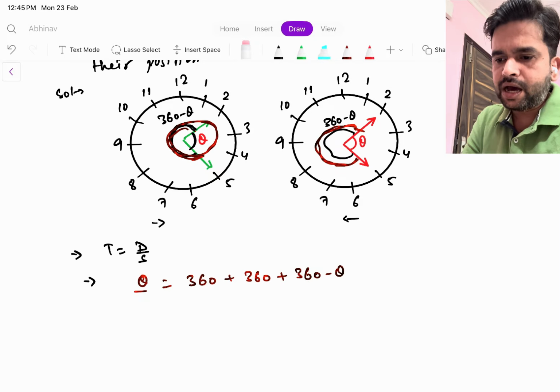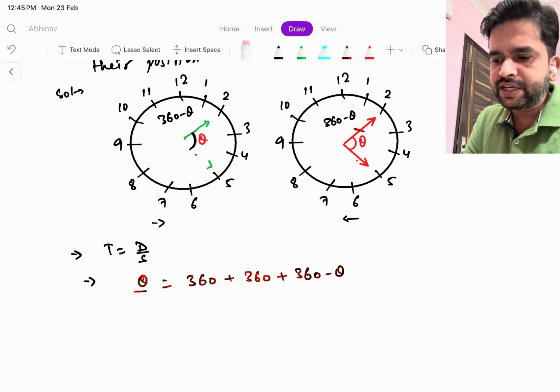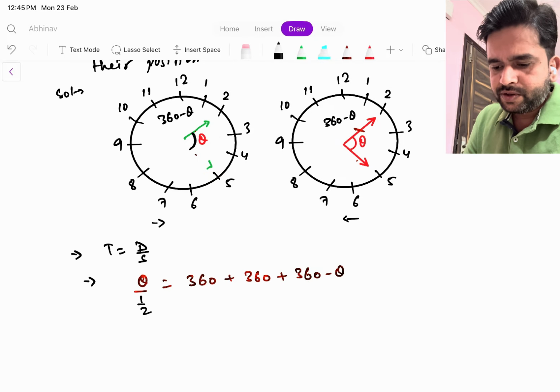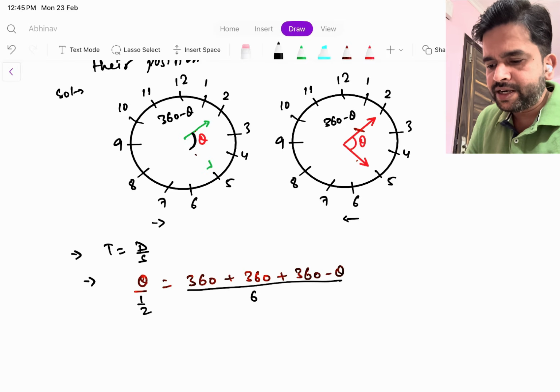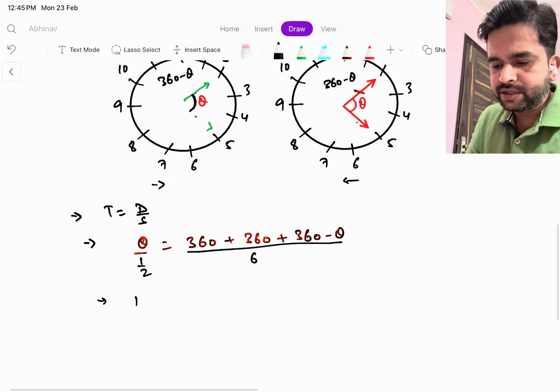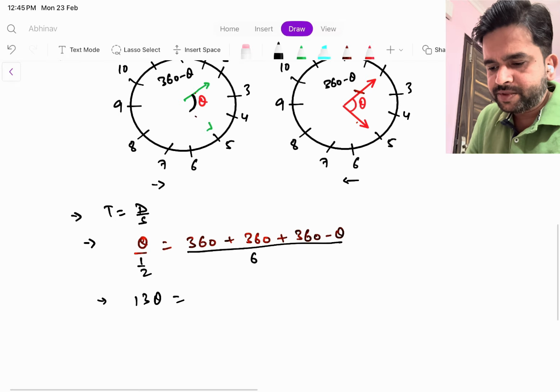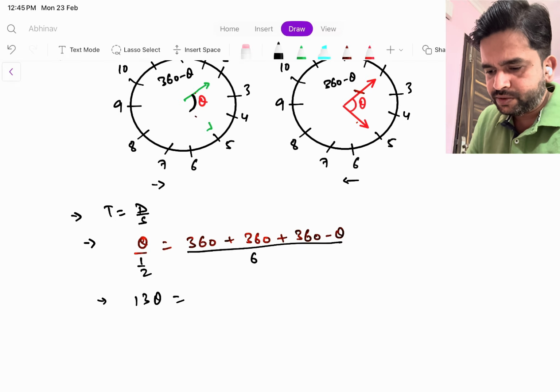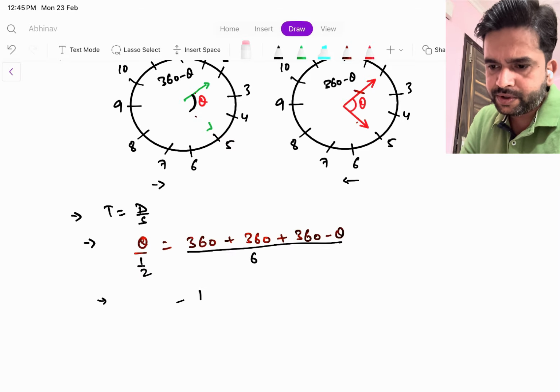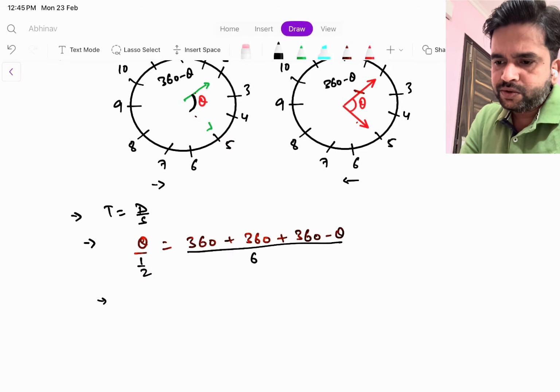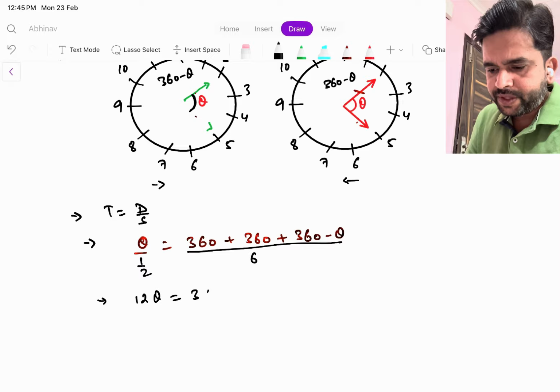The hour hand is covering half a degree per minute, so we divide by half, and the minute hand is covering 6 degrees per minute. So here, sorry, this will be theta by one half equals 360 plus 360 plus 360 minus theta over 6, which gives 12 theta equals 1080 minus theta.